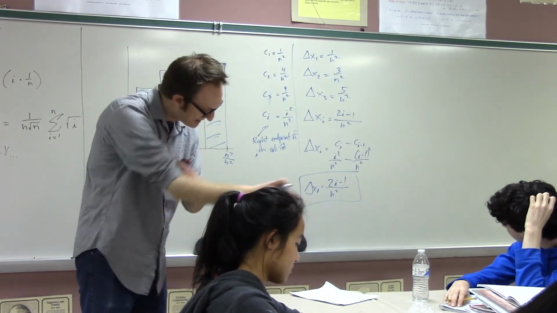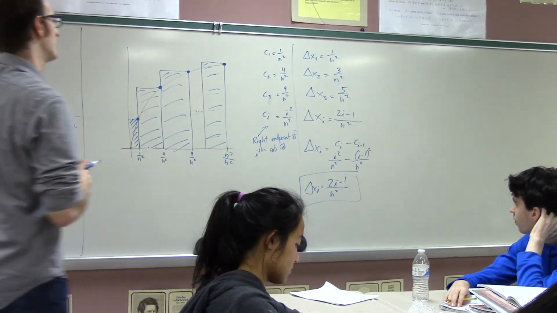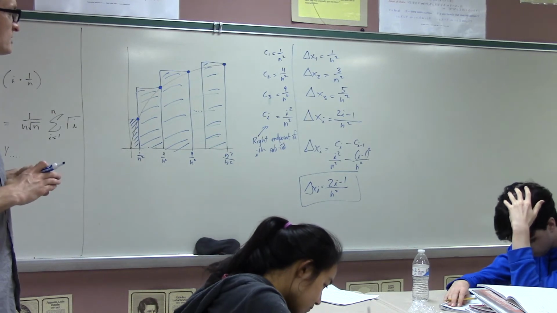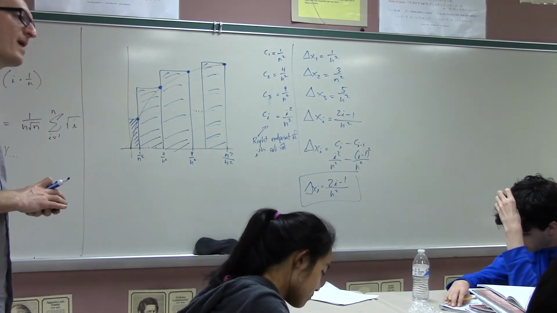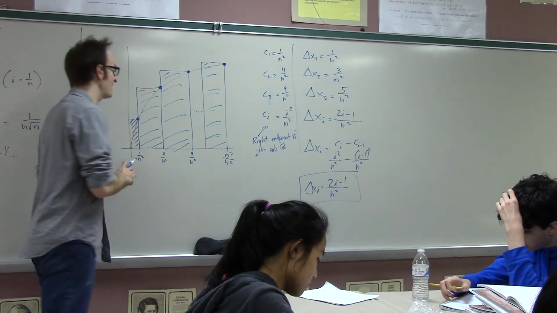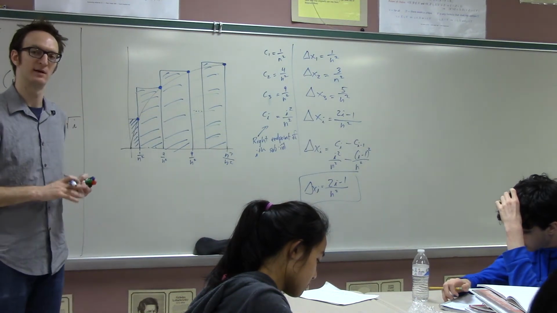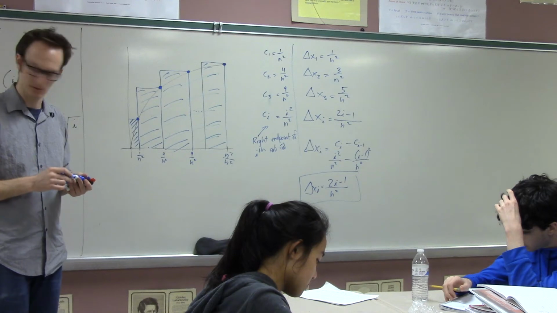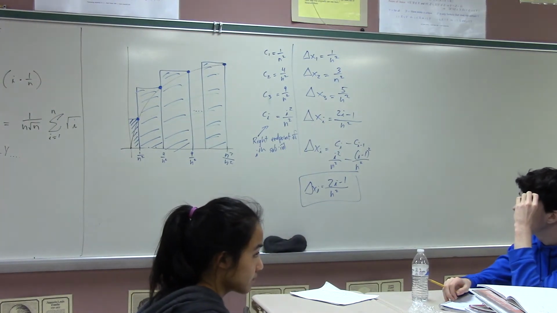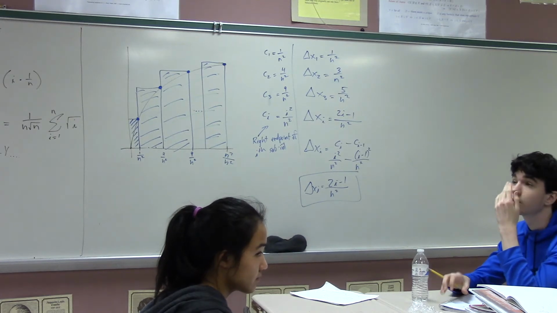Okay, so what is there to say about this? This is strange, but maybe not so bad, because as n goes to infinity, what's happening? It's a little bit of a vague question. Let's call on a person. Tiffany, as n goes to infinity, what's happening?